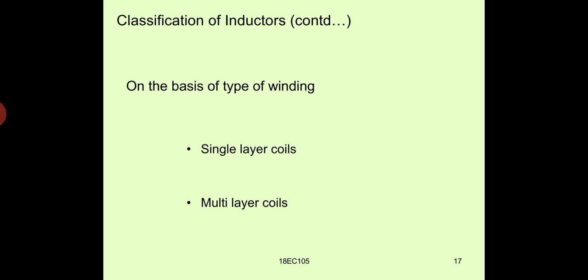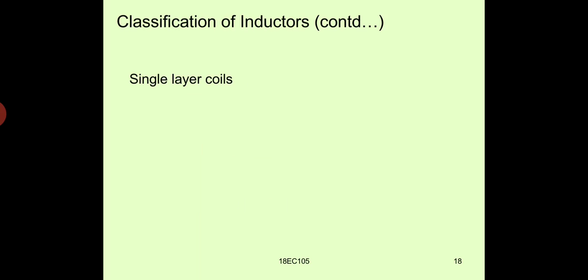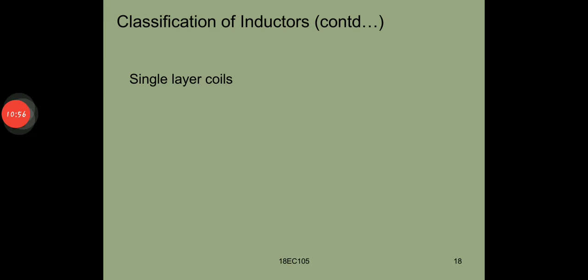Now let us see the single layer coils. This is the coil in which a single wire is wound over a core. That means one winding is wound on the core, simply one after the other, and it is not overlapped.